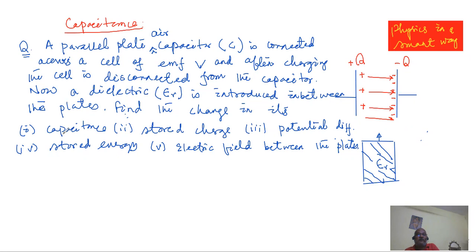The question can ask you capacitance, stored charge, the potential difference across the plates, stored energy, that is the fourth one, and electric field between the plates. Okay, let us get on with the answer or the solution.